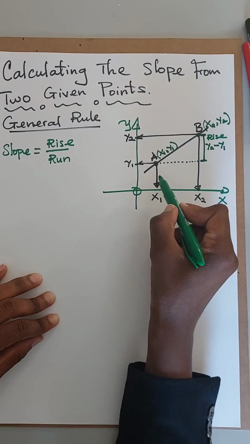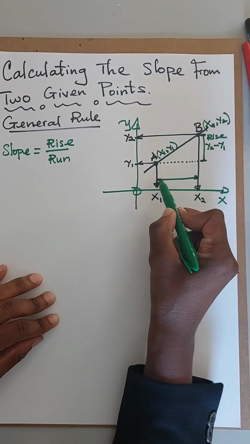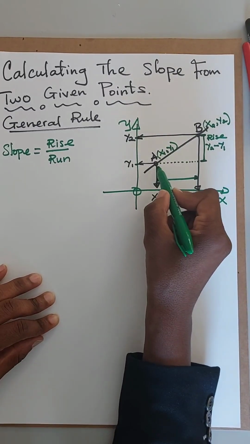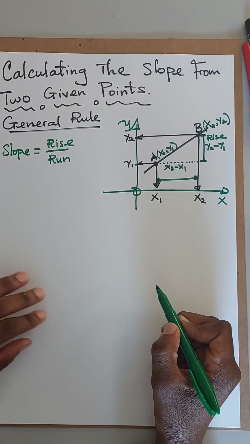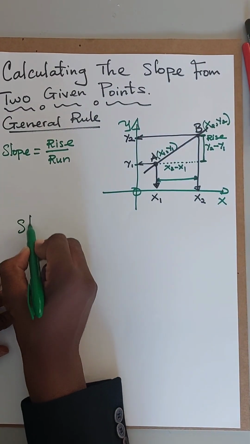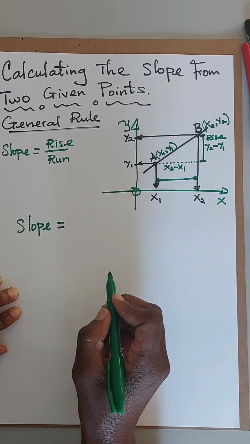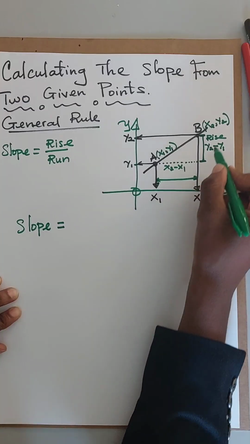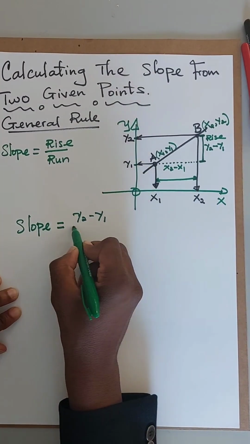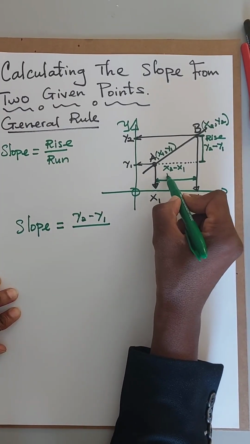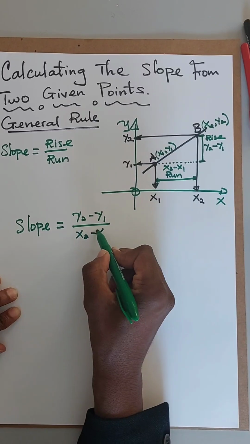The run in the same way goes from x1 all the way to x2. So to calculate this whole run, we do x2 minus x1, so that the slope can now be calculated as the rise over the run, where the rise is y2 minus y1, divided by the run, which is x2 minus x1.